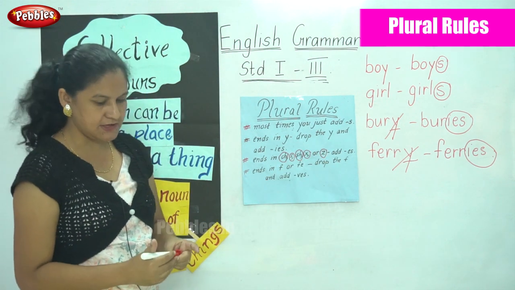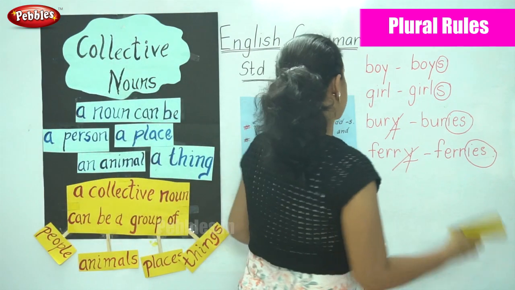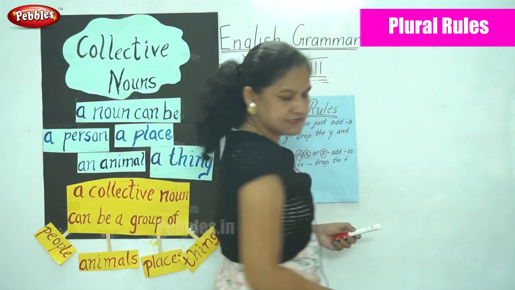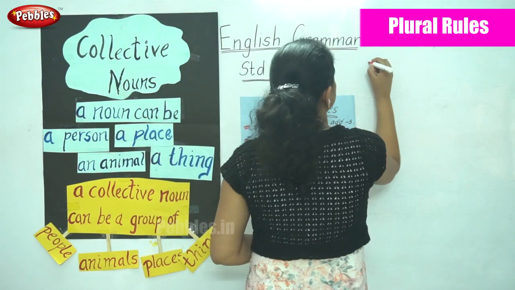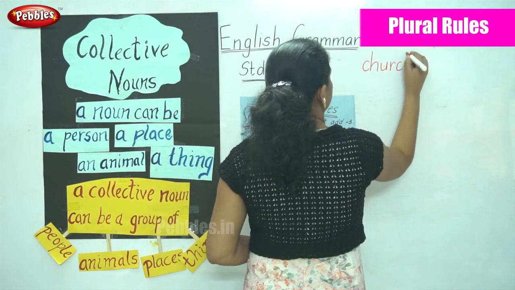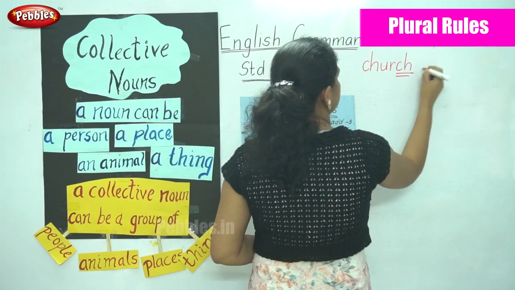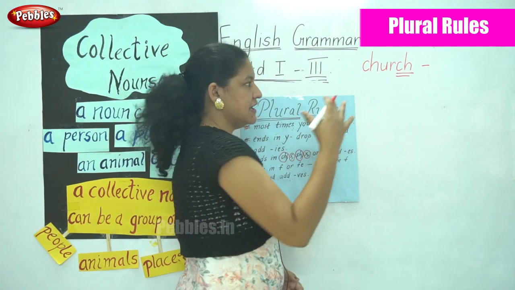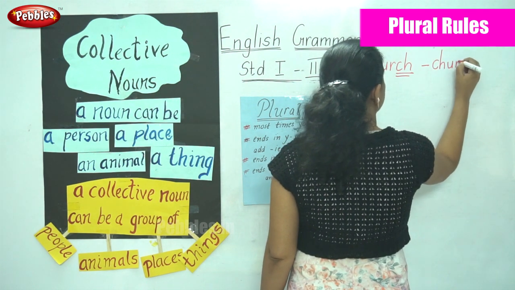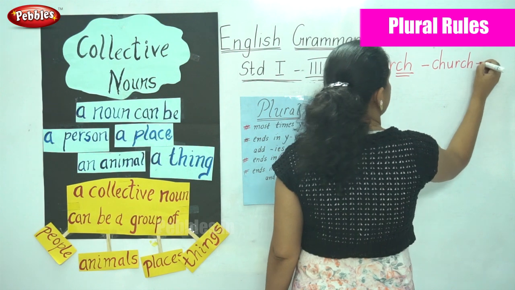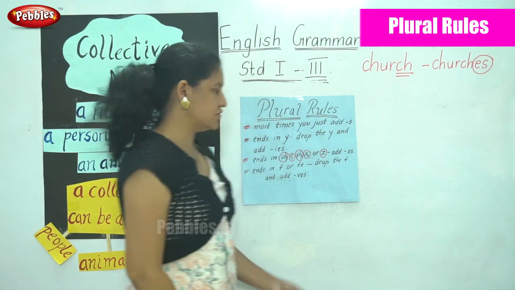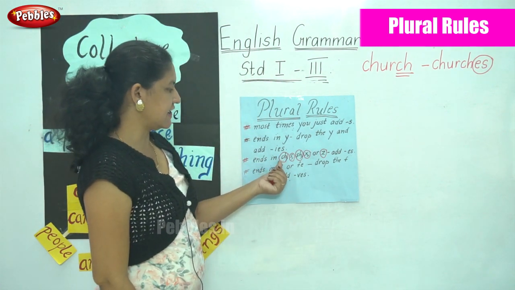Let us see an example for each. A word that ends in ch: we have the word church. It ends in ch, so we add es. We write churches. We add the alphabets es.